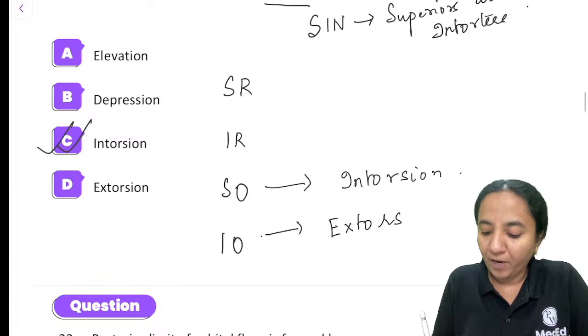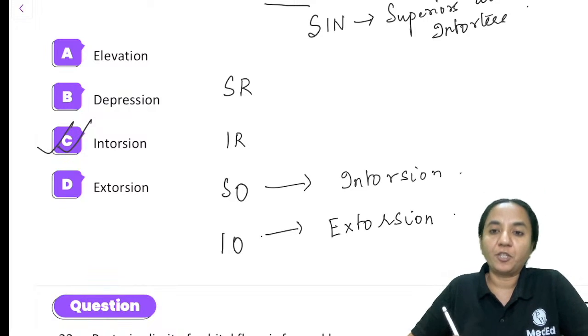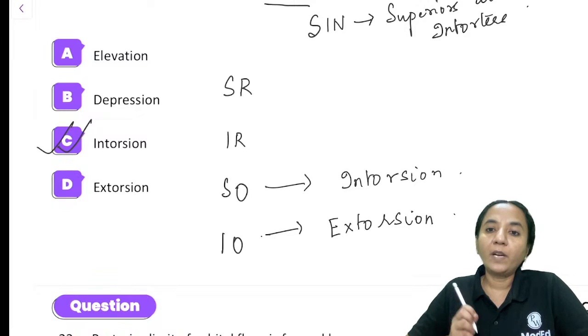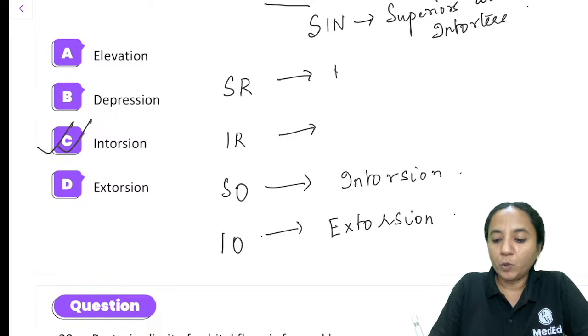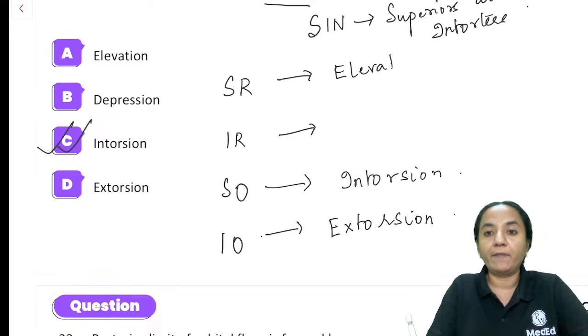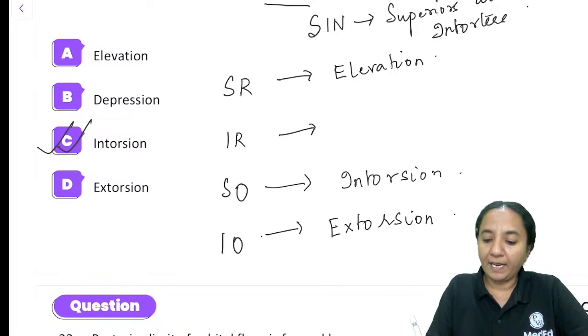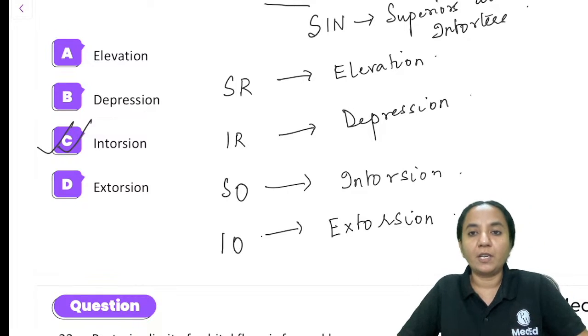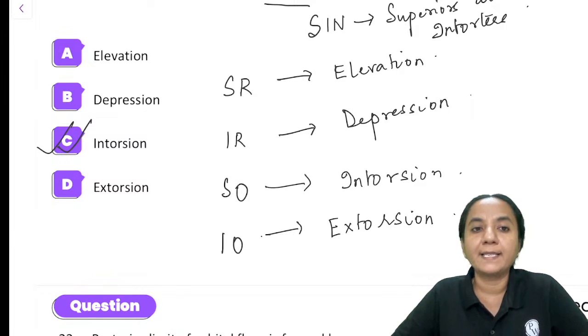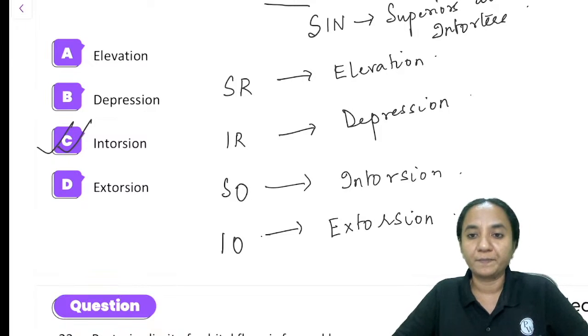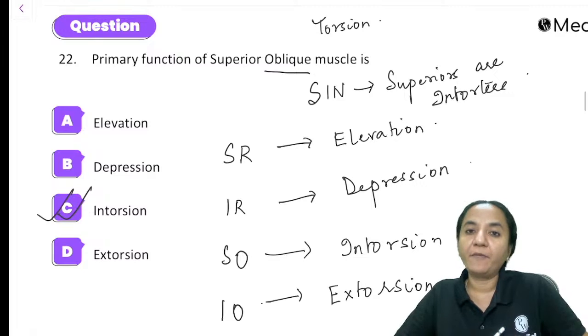Now for SR and IR: for superior rectus the primary function is elevation, and for inferior rectus the primary function is depression. For the obliques, please remember the primary function is always rotatory movement or torsion, and SIN, that is superiors are intorters. So the primary function of SO is intorsion.